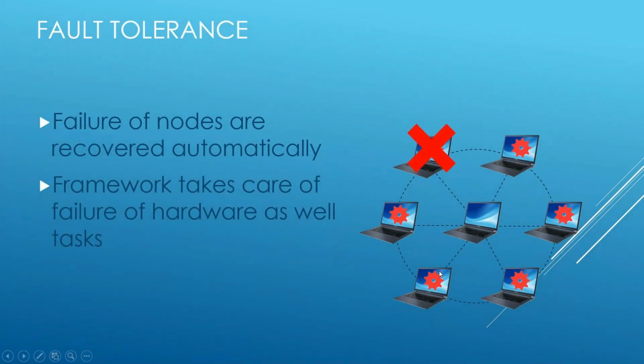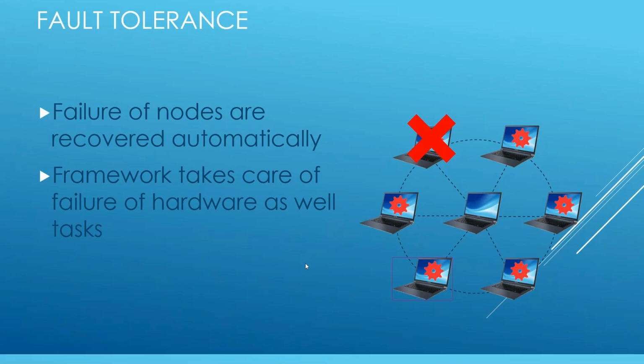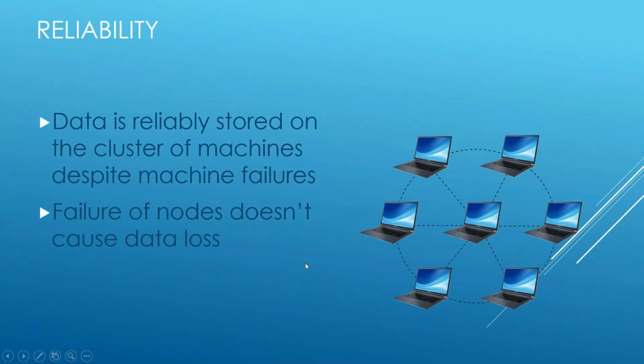So here, a failure of any node will be recovered very easily and automatically. Through this node, we can access that information because data is available across the network. And reliability: data is reliably stored on the cluster of machines despite machine failures, and failure of nodes doesn't cause data loss.